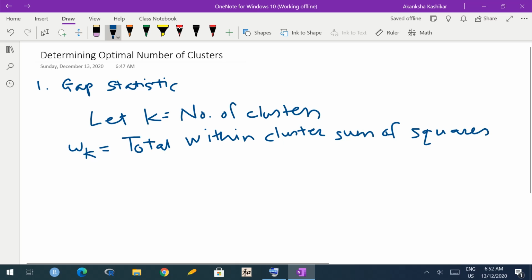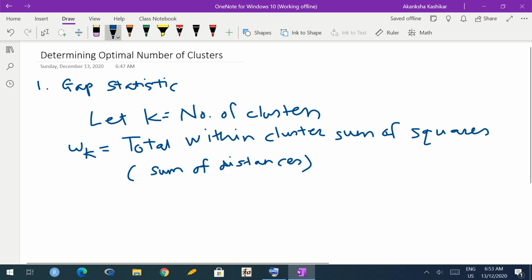However, for categorical data, just like we did in k-medoids, we can take the sum of distances within that cluster instead of the within cluster sum of squares. But now here we'll have to take the sum over all possible pairs. We can't just take from the medoid kind of thing. We'll have to take the distances between all possible pairs.